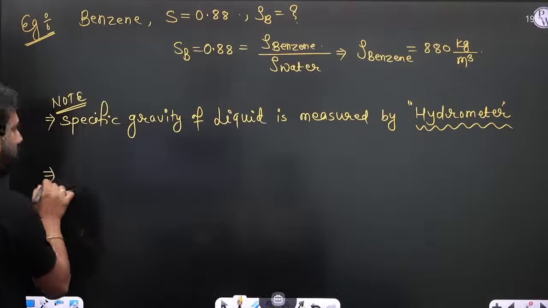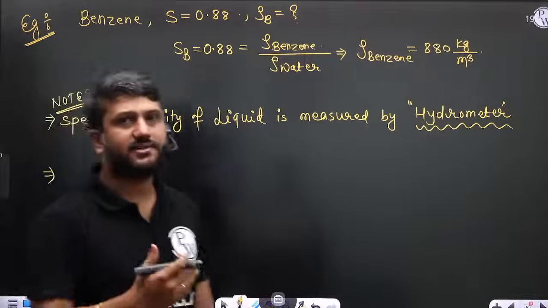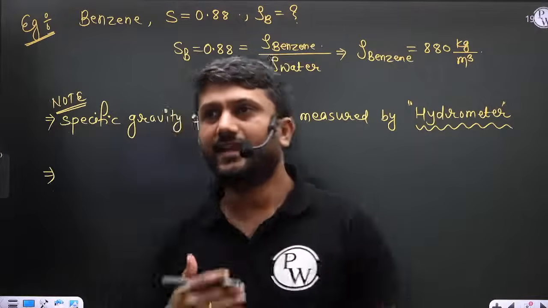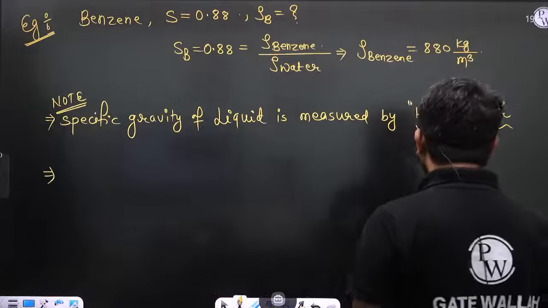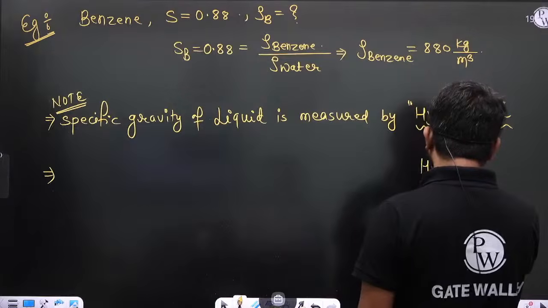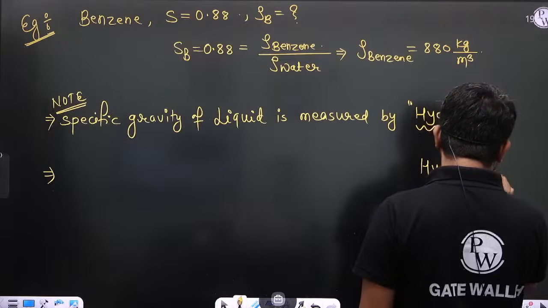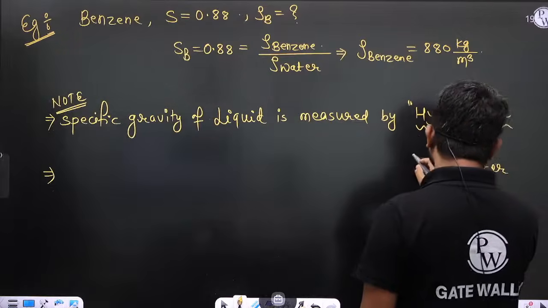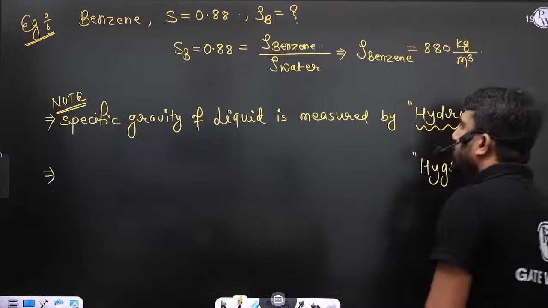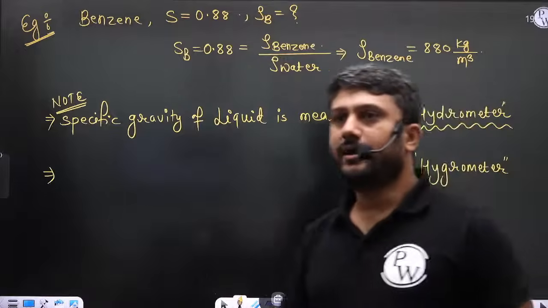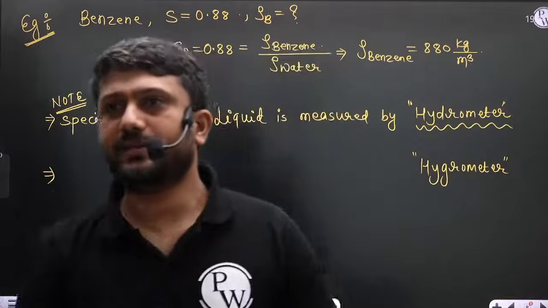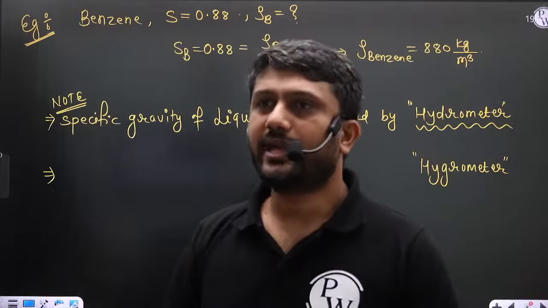So beta, hydrometer is a device which is used to measure the specific gravity of a liquid. Can you tell me about hygrometer? By using the hygrometer, which property is measured? Can you tell me?